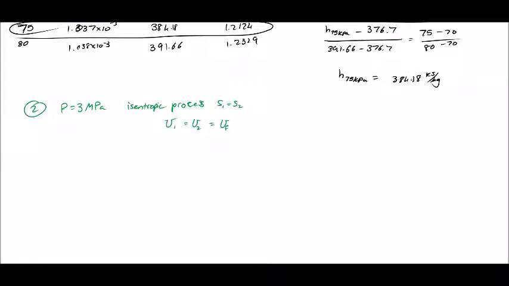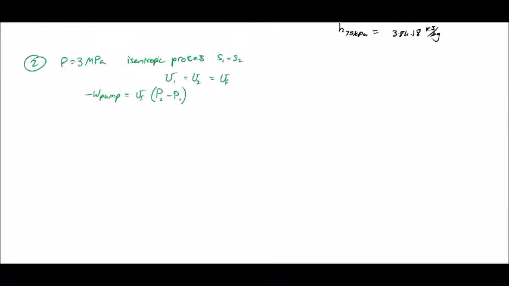We can then use the formula for the work done by the pump, which is negative because it's work being done to a substance, not work being done by a substance. It is going to equal the saturated volume of the liquid times the pressure at state 2 minus the pressure at state 1.